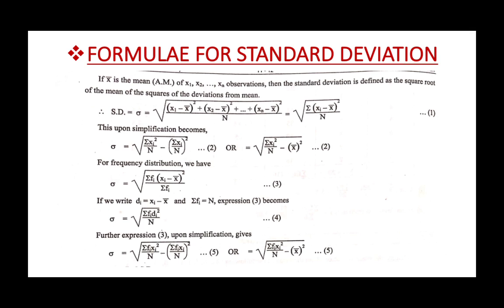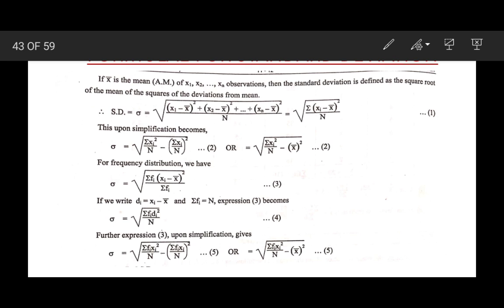Formula for standard deviation: if x bar is the mean of x1, x2, and so on up to xn observations, then the standard deviation is defined as the square root of the mean of squares of the deviations from the mean. It is denoted by sigma.